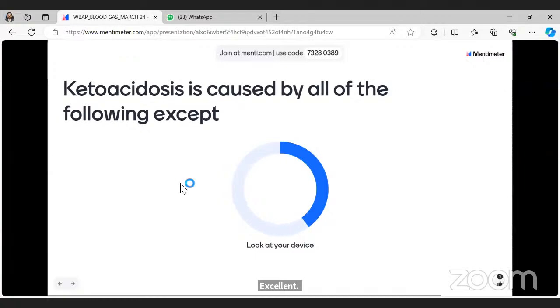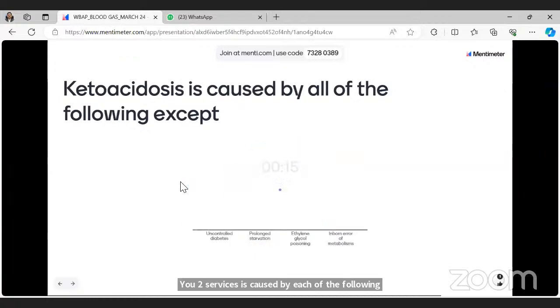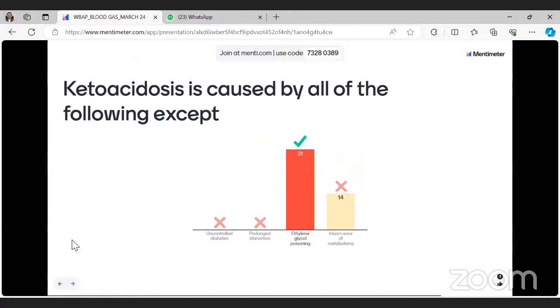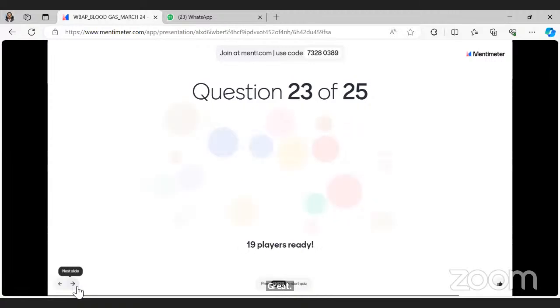Ketoacidosis is caused by which of the following except? Great. Some IV fluids can cause ketosis.